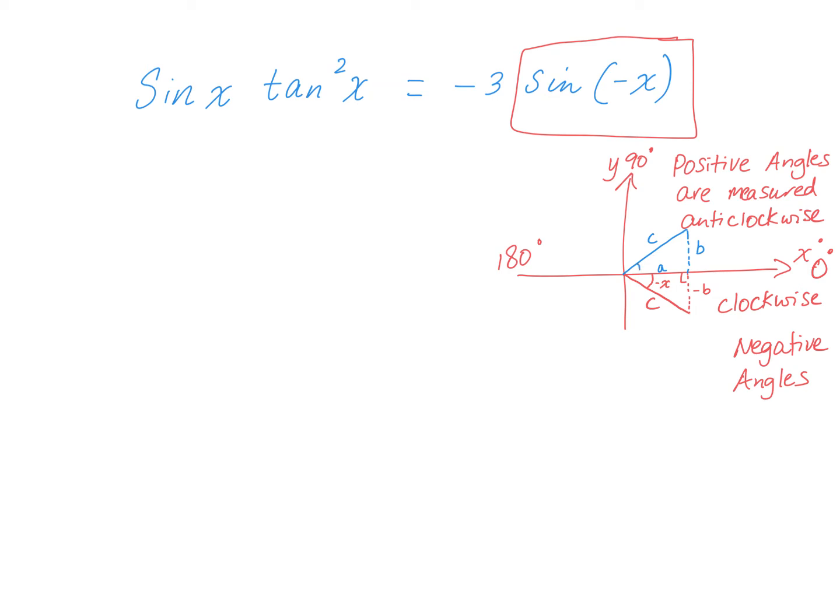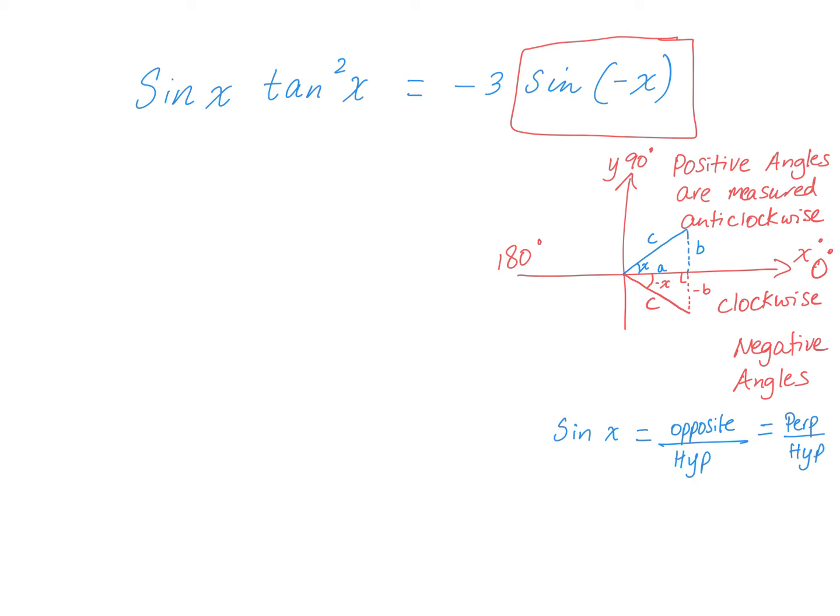And this angle is positive x. Now sine of x is described as the opposite over the hypotenuse, or the perpendicular over the hypotenuse.